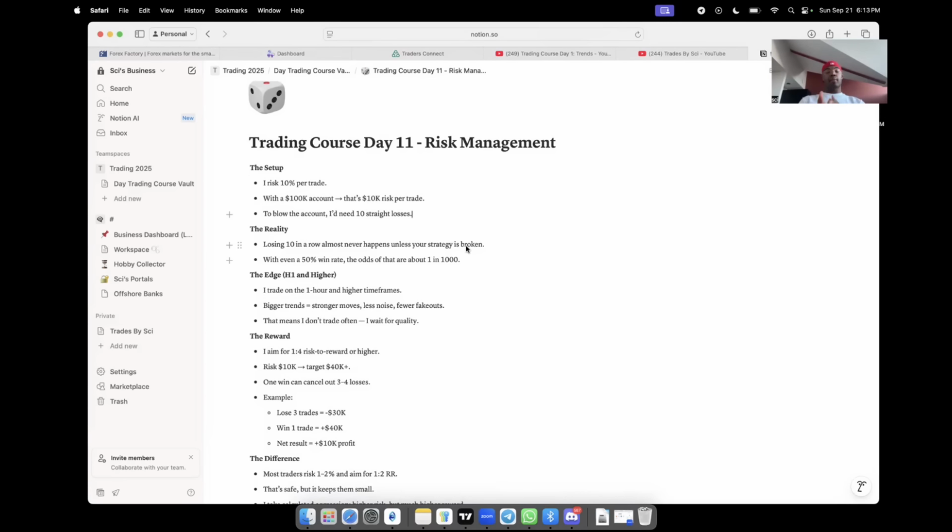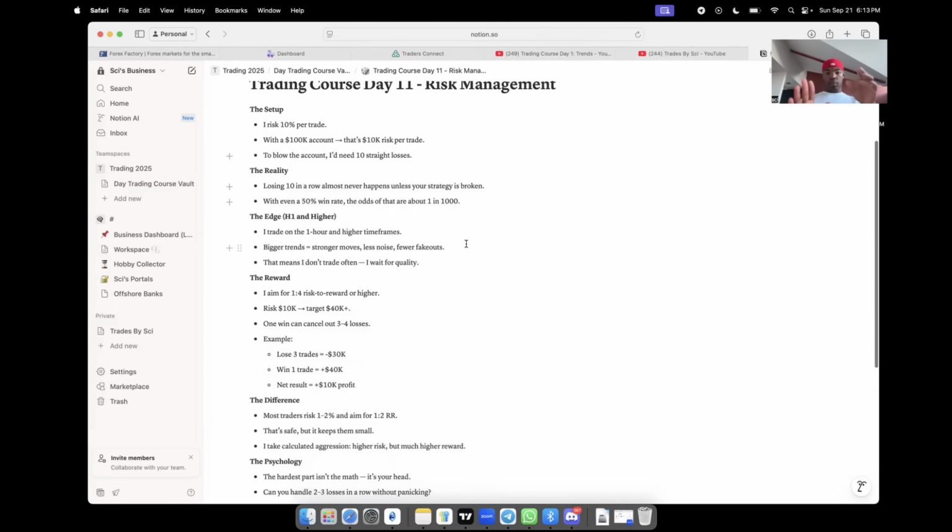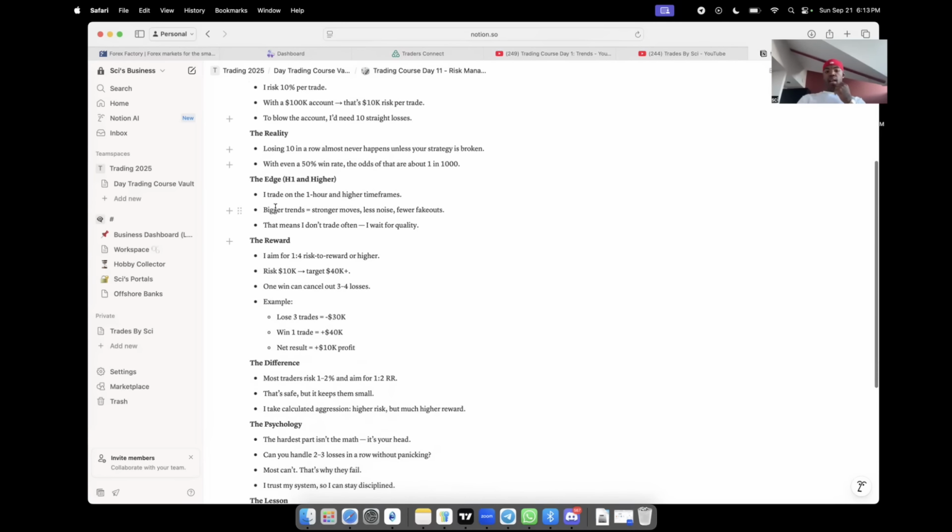Now, the reason why I keep saying this is because I just went over this. I trade on a 1 hour time frame and higher time frames. Bigger trends, stronger moves, less noise, fewer fake outs. So a lot of the times whenever I'm trading off the higher time frame, I'm looking for the trend and being able to swing out the trend, right? So this means I don't trade often.